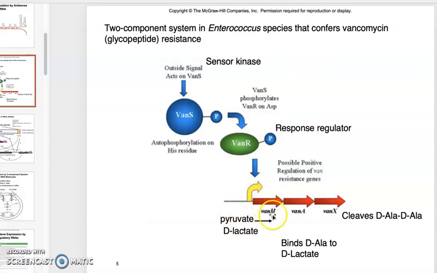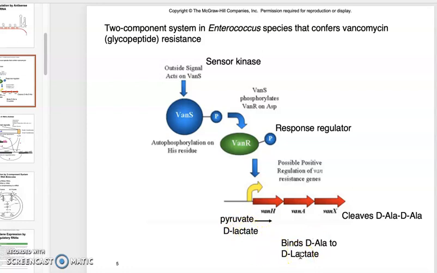So VanH converts the pyruvate to lactate, and then VanA, the protein VanA, will bind one of the second to last alanine to the lactate that's made here.